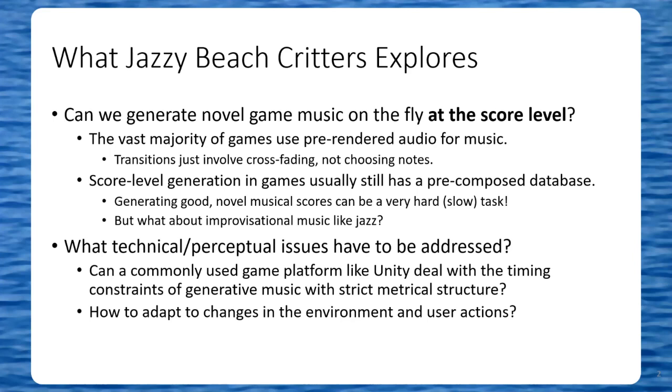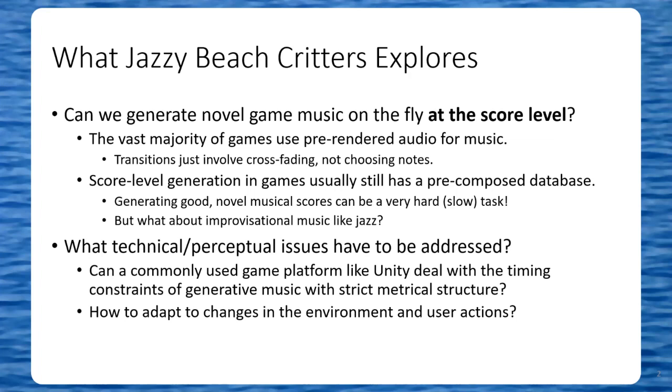So we asked, what about improvisational music like jazz, where there isn't necessarily much that's fixed? It can change rapidly, and it's something people do in real time, which suggests that computationally it will be a little easier for a computer to do in real time. Then we looked at the underlying technical issues.